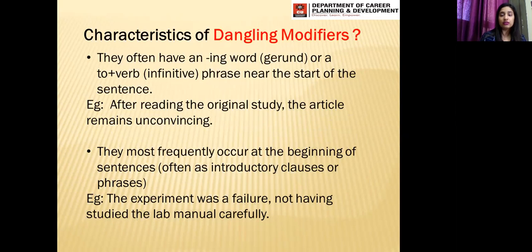But there is a lack of information: who was performing this experiment, whose experiment was a failure? So if you keep these things in mind, you are able to recognize the dangling modifiers in your sentences.